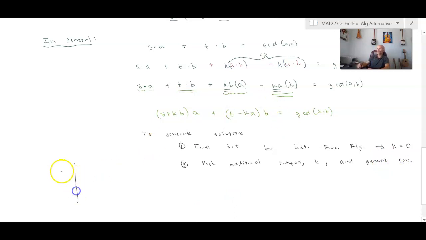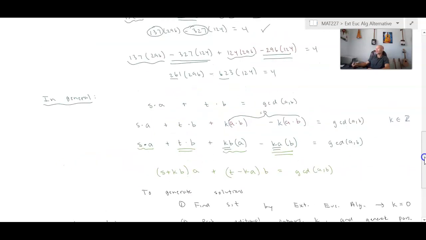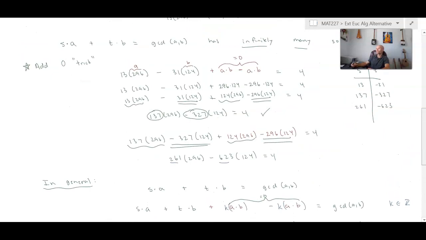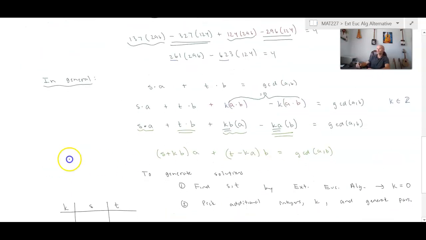Okay, let's actually do this. We've already kind of created this ST table, but I'm going to create a KST table. And for our example up here, where we originally had 13a minus 31b equals 4.